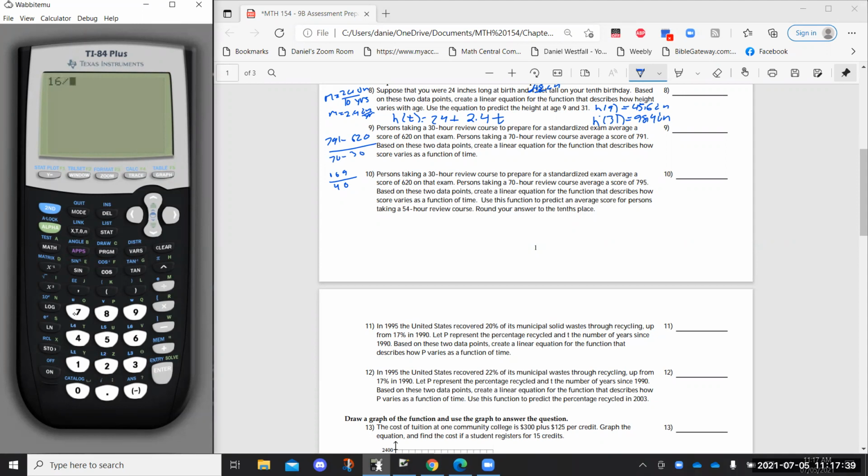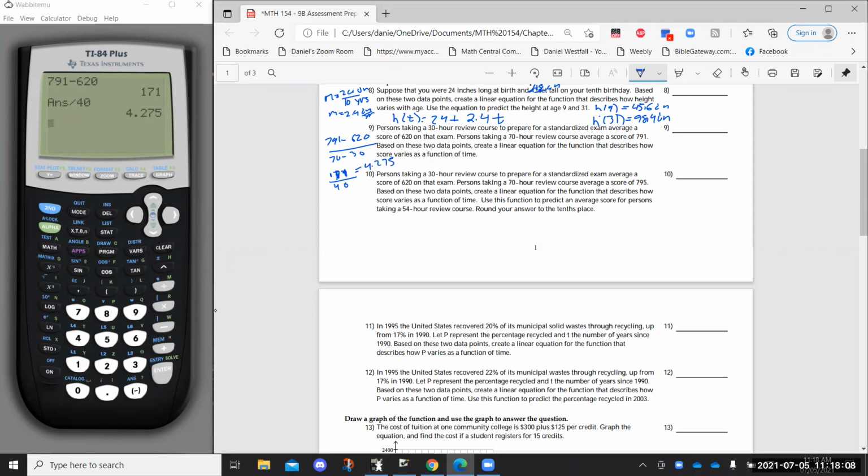Just make sure that that's right. 791 minus 620 is 171. That didn't look right. I went the wrong way. Divide that by 40.